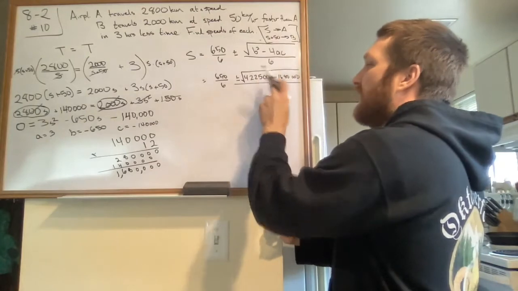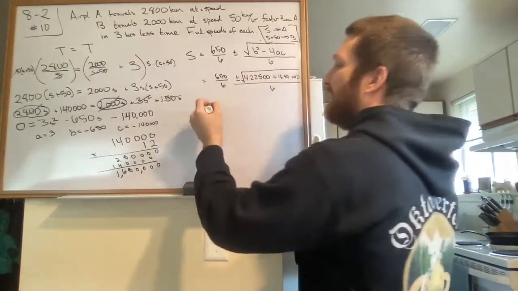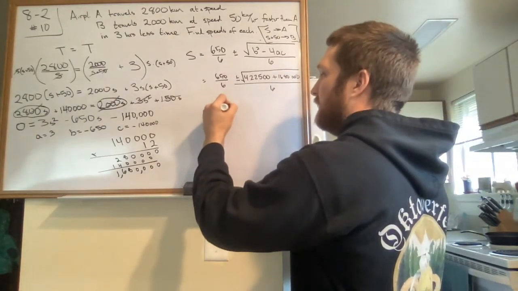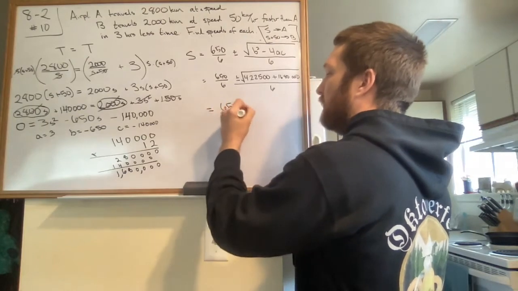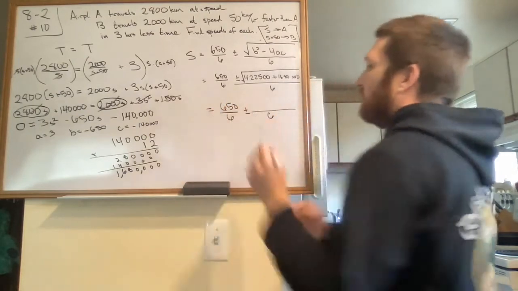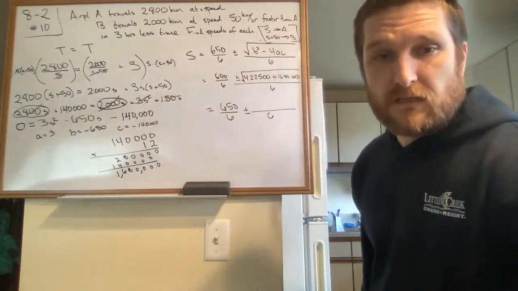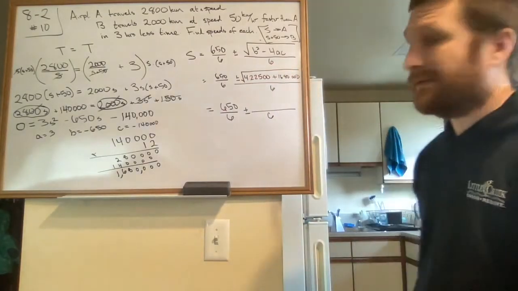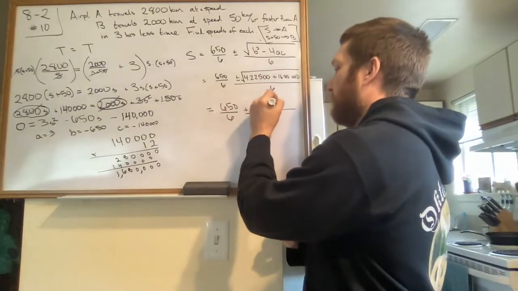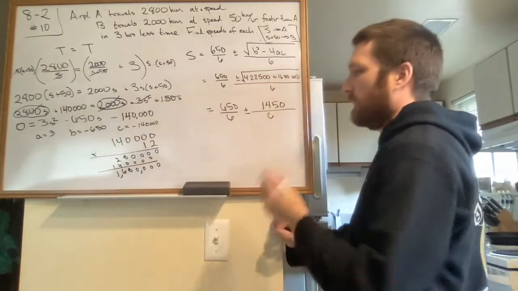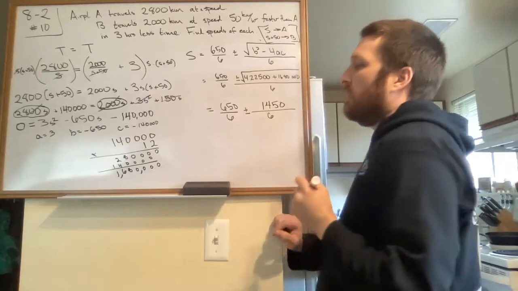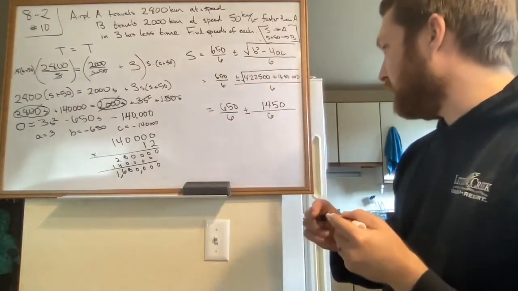The square root of that big number plus that big number is, sorry, let me get this right out here, plus or minus over 6. That thing right there was 1450. There we go.